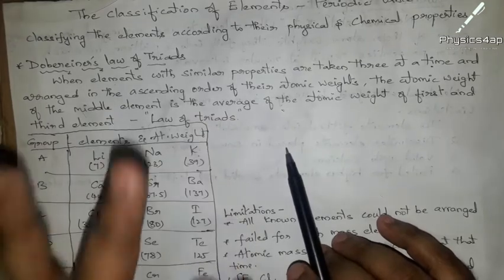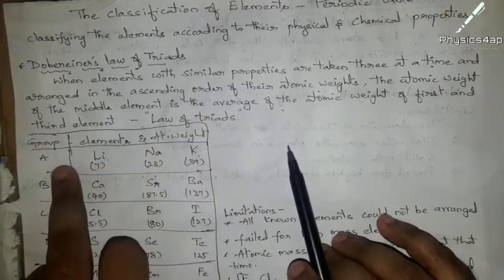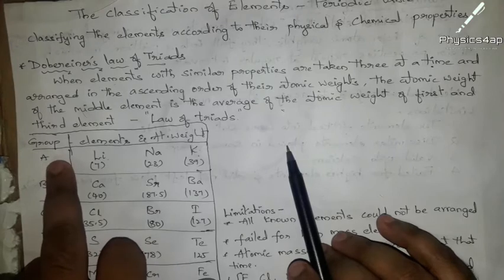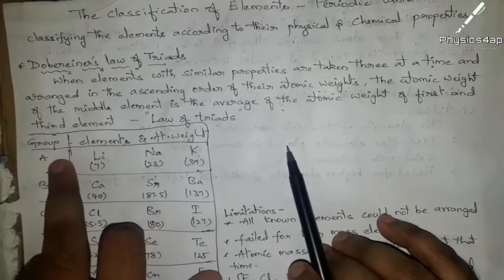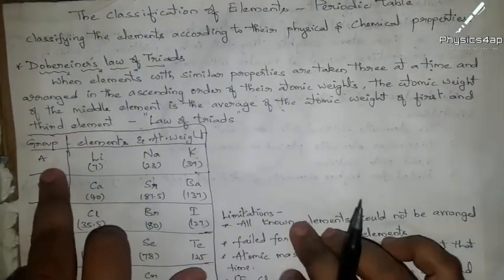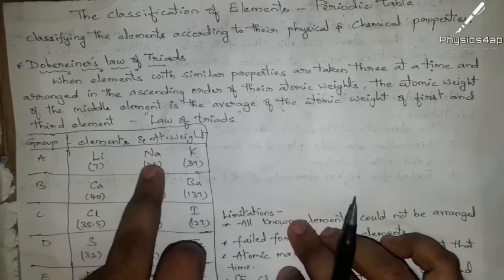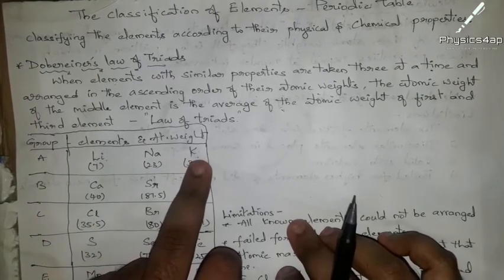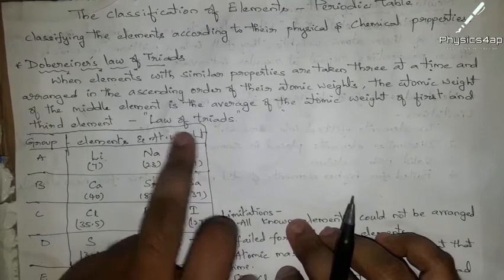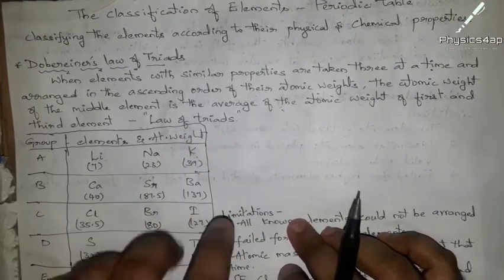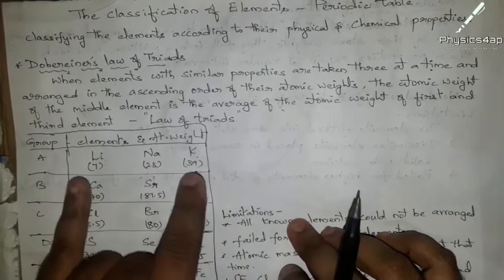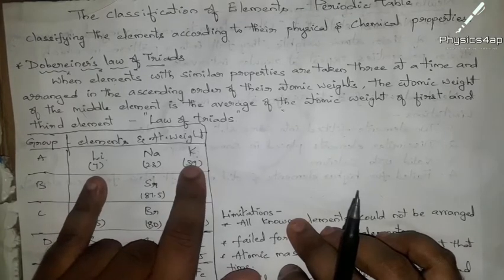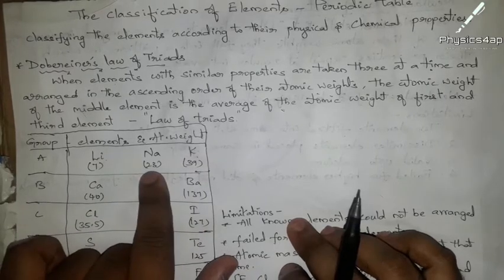Tri means three, so all three elements are arranged in a particular group. This is group A. Dobereiner was the first to assign the word groups. In group A we have lithium, sodium and potassium. In the law of triad, the arithmetic mean of the first and third elements should equal the second element.